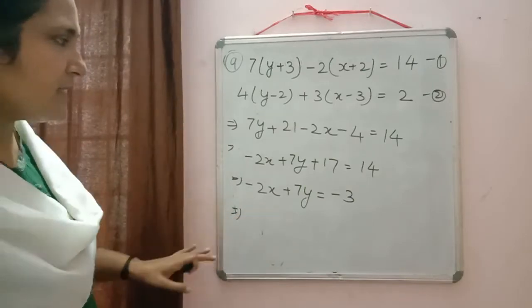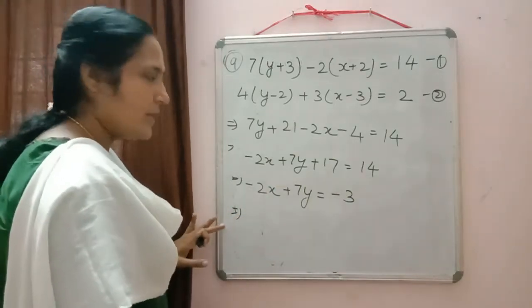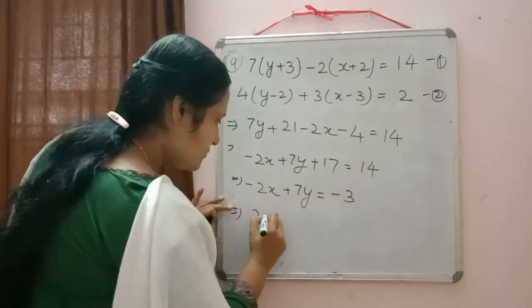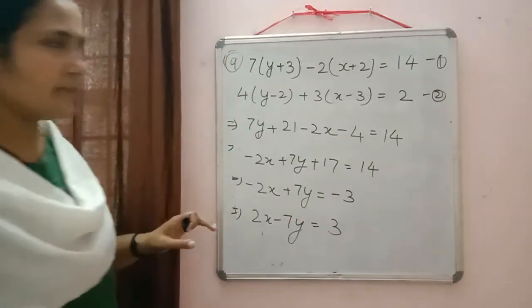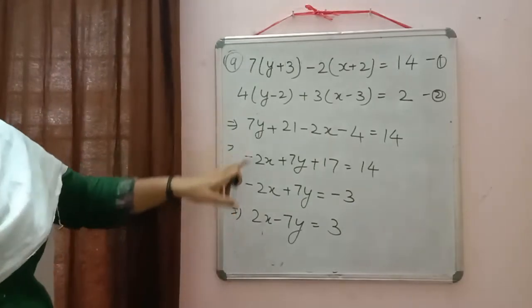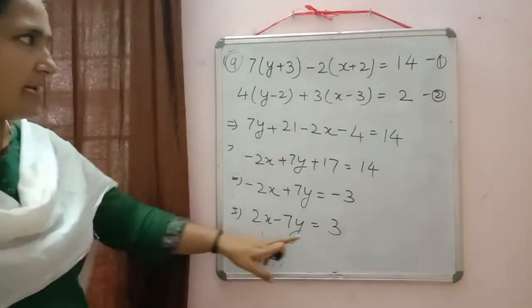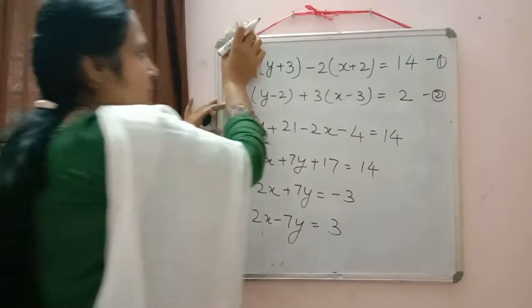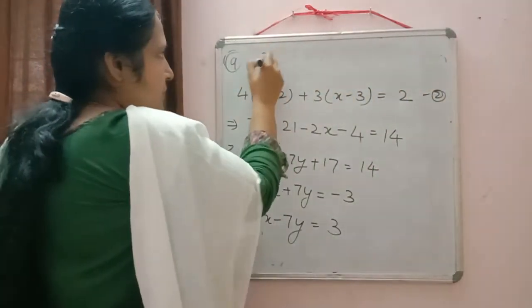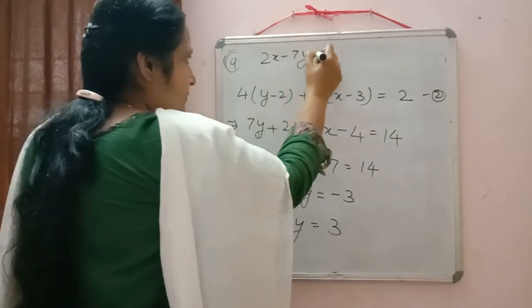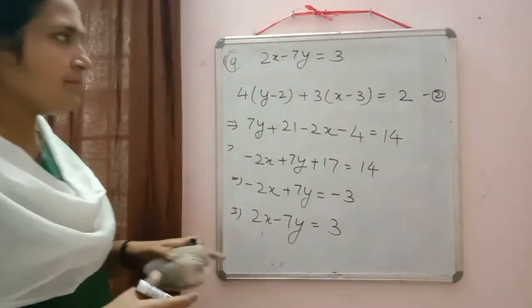So to make it positive, we will multiply the whole equation by a minus sign. So we will get 2x minus 7y is equal to 3. So the first equation, after simplification, is this one. So in place of the first equation, I am going to write the value which we got: 2x minus 7y is equal to 3.